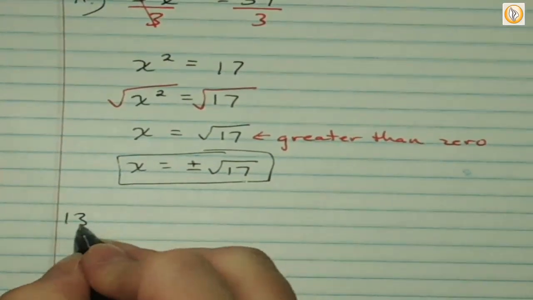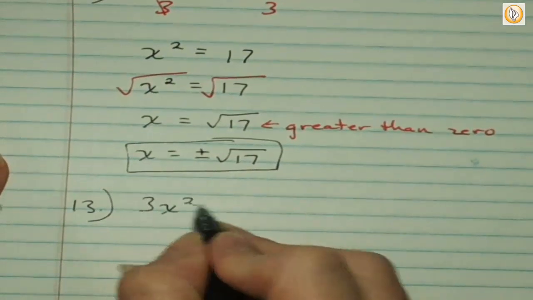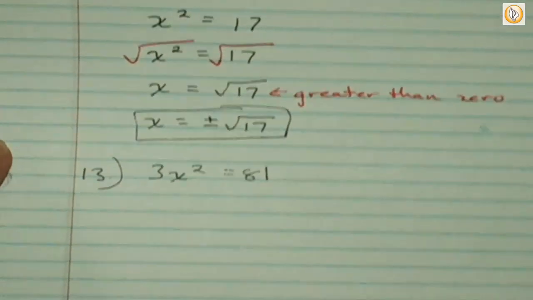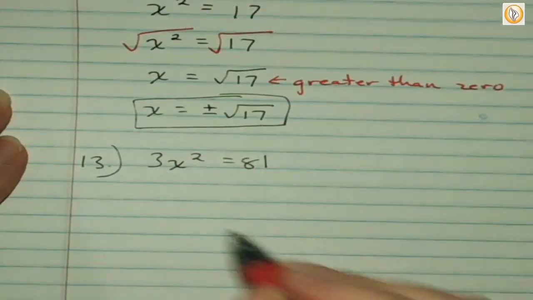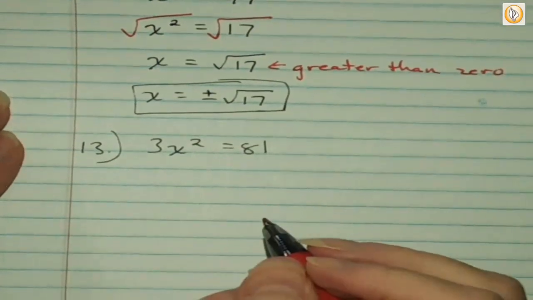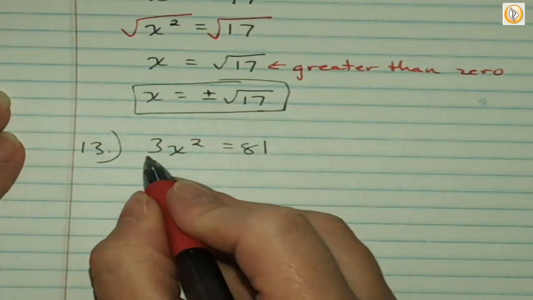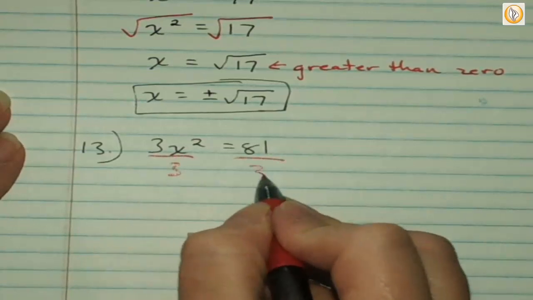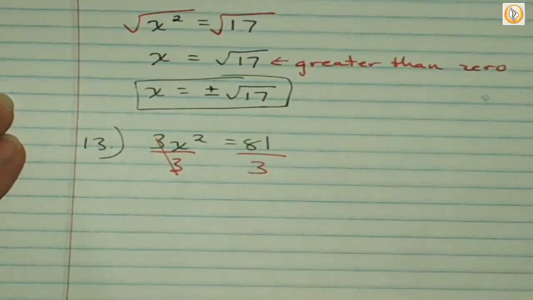All right, Michael, 13. 3x squared equals 81. What do I need to do? Get the 3 on the opposite side. How do I do that? You want to divide on both sides. Good job. We're going to divide by 3 on both sides because we're trying to isolate the variable.